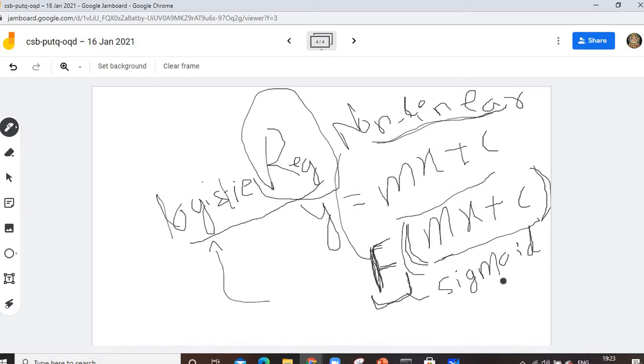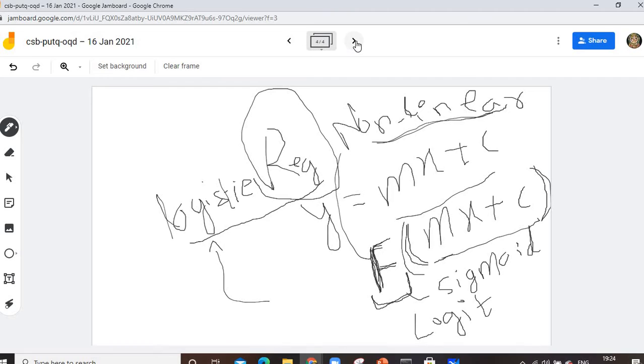And some people also call this the logit function, LOGIT. Logit or sigmoid, you can say.